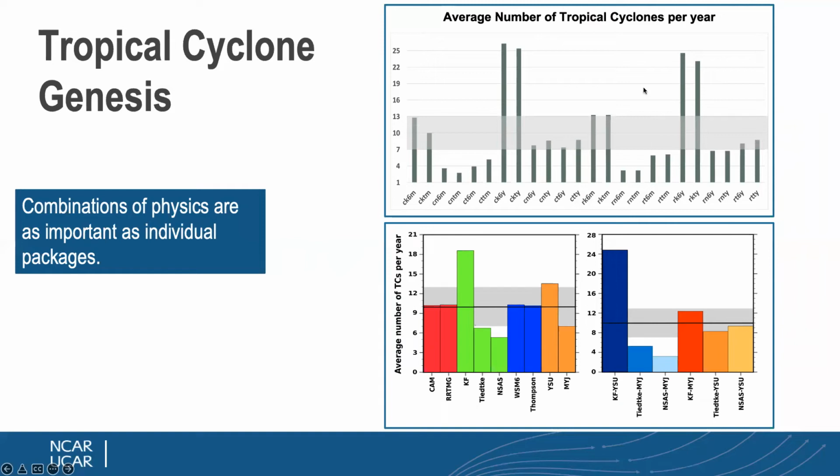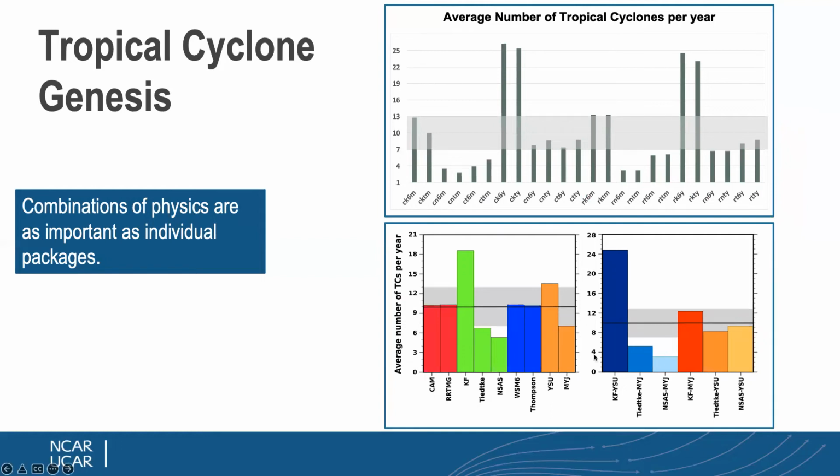And you can see they are spreading from about 2 or 3 a year to over 25 storms a year. If we combine them by the different physics, you can see that radiation and microphysics makes very little difference in the choices, but cumulus and PBL has a very big impact on the genesis of tropical storms.